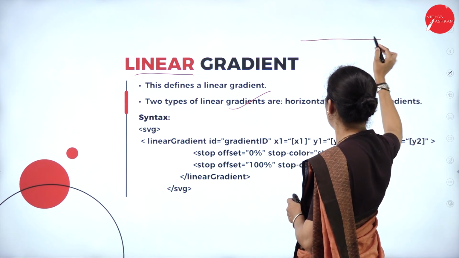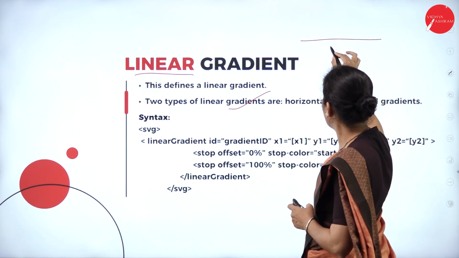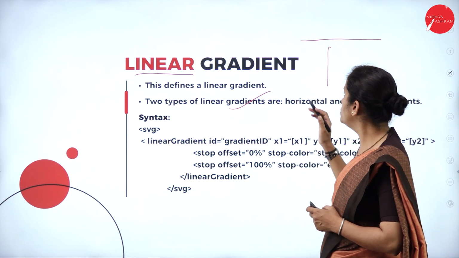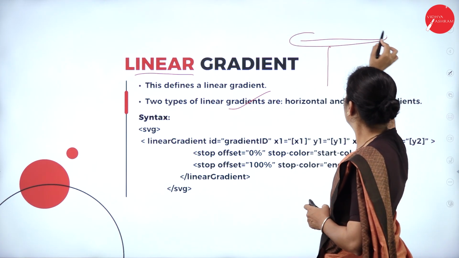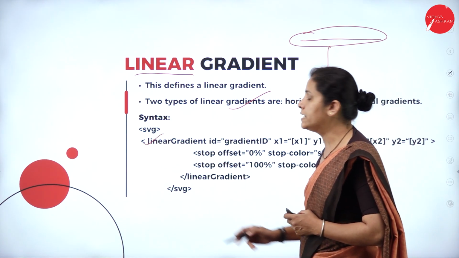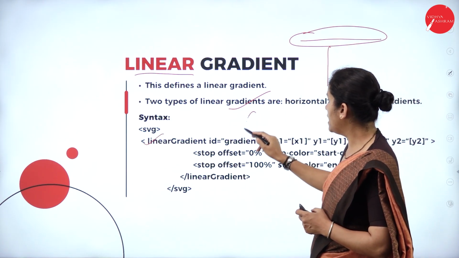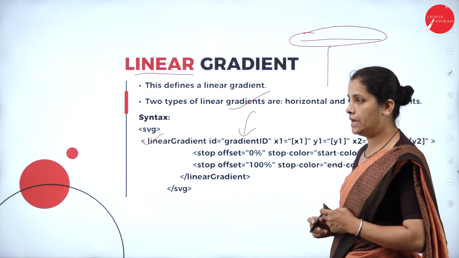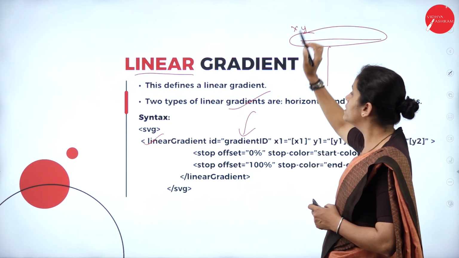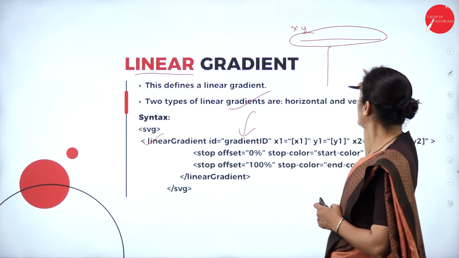I can have the horizontal line, and I can have the vertical line. Suppose I want to use a horizontal line, see here, linear gradient, I'm going to specify the ID of the gradient, and if I consider a line, I have the x coordinate and the y coordinate. So how many points do I require?